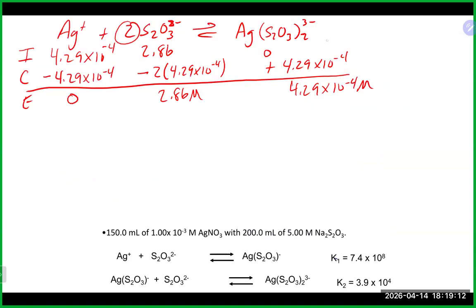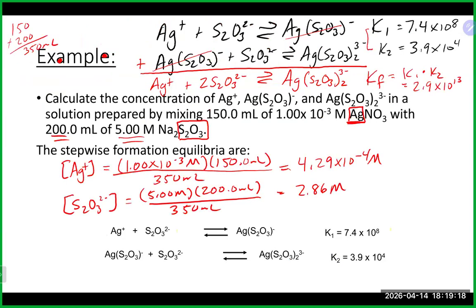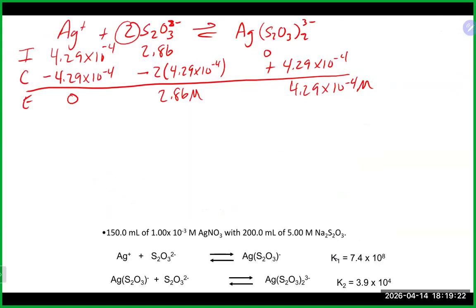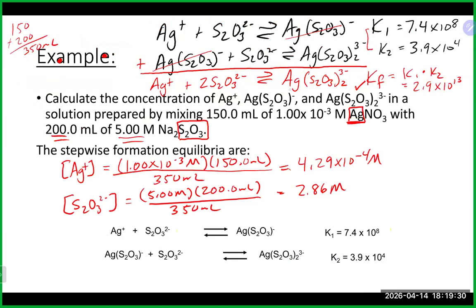We also know the concentration of our complex ion at the end will be 4.29 times 10 to the minus 4. So we know this one and we also know our ligand. At this point, we are looking for some other information. We still need to find this one's information, as we already got this one.